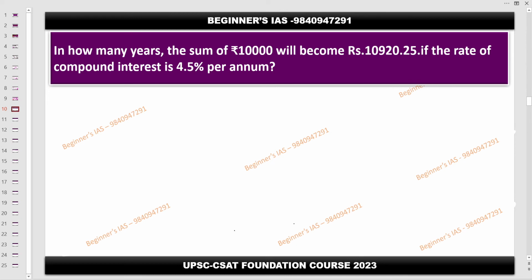In how many years will the sum of rupees become this amount if the rate of compound interest is 4.5% per annum? Here which is P, which is A, you know this, right? Basic problem only.